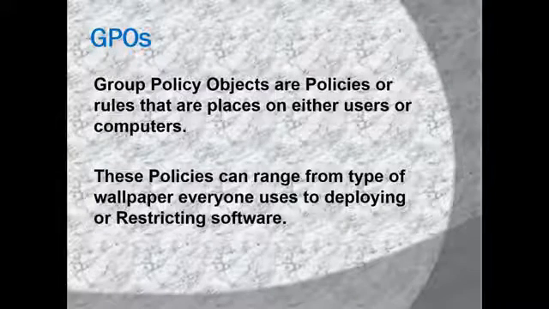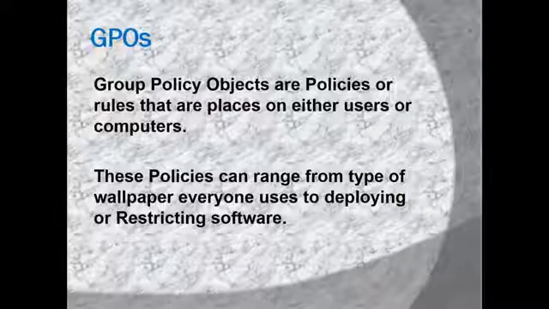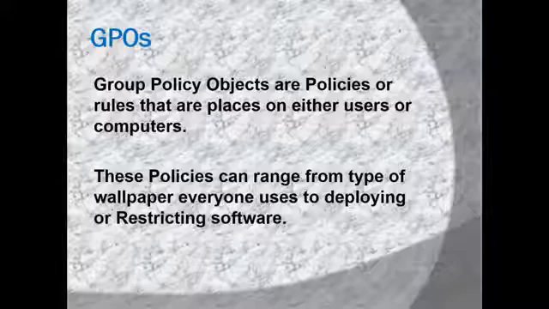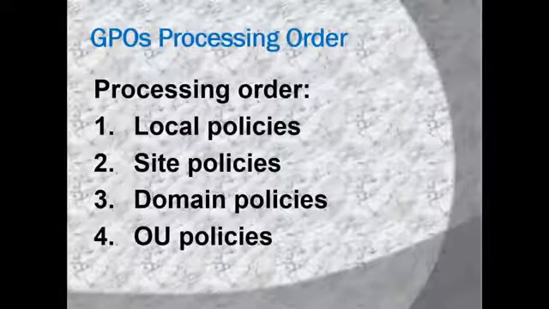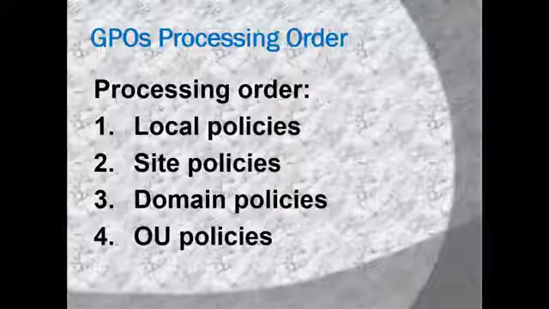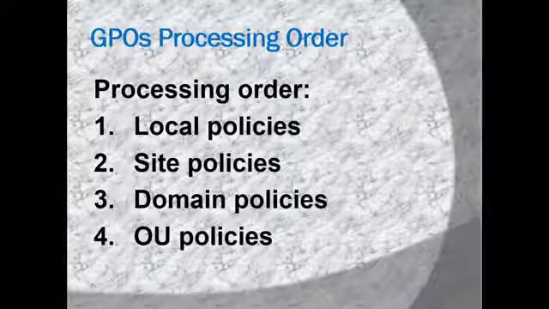Now, when you set up GPOs, there are 4 ways that you can actually set up policies. You can set up local policies, which means that I go to a local machine and I actually set up a policy on that local machine.